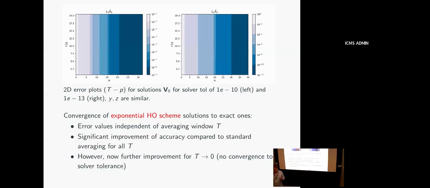Before, when you just look at the averaging, you have to reduce the averaging window to reduce the error. So this new flexibility gives us the possibility to work with a decently large averaging window T and smaller errors. But the problem that we have, I'm going to say now in the conclusion part.